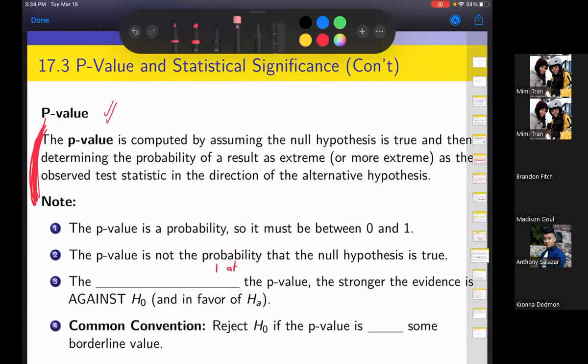Actually, I shouldn't highlight that. The p-value is the probability that you can reject. I don't like my language.